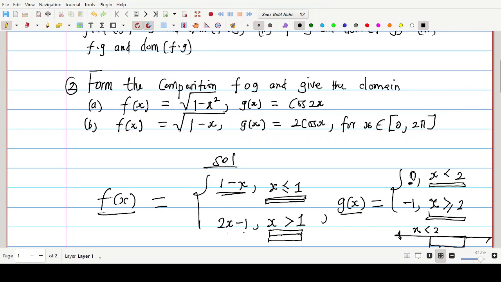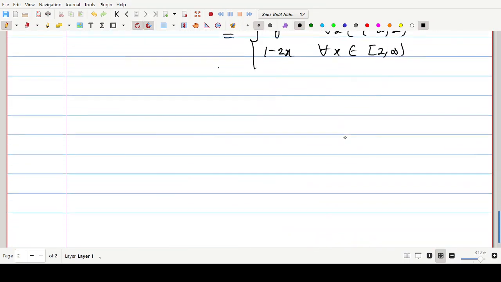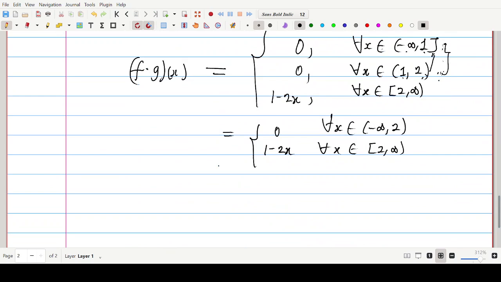Now, to find the composition, you must determine the domain of the two functions. For example, let me show you what I mean by that. This is number 2, all right? We want to find f circle g. Now, how is this defined first? You must know how this is defined.